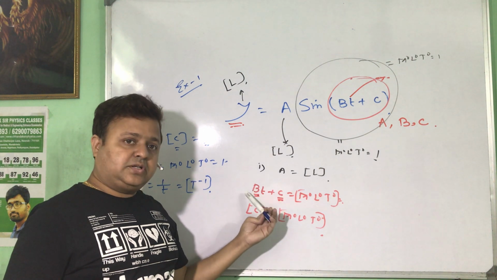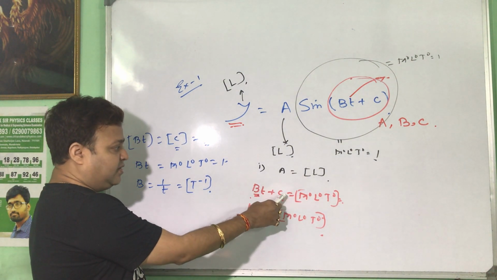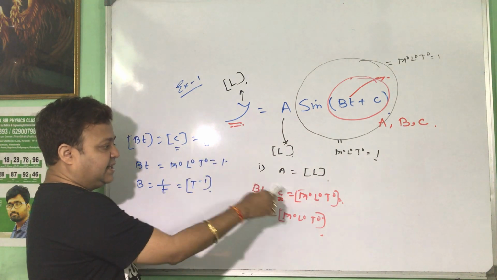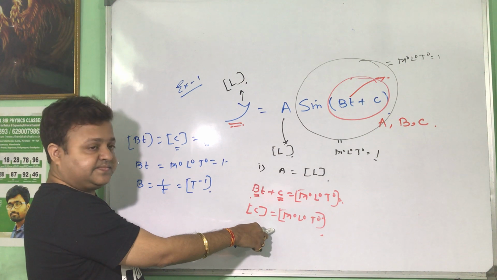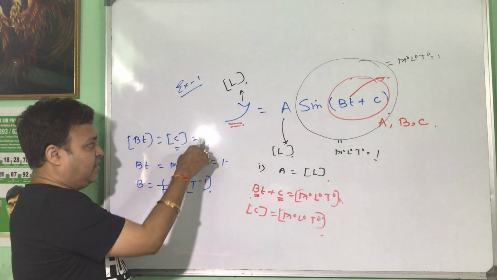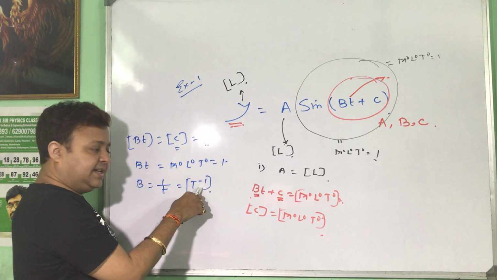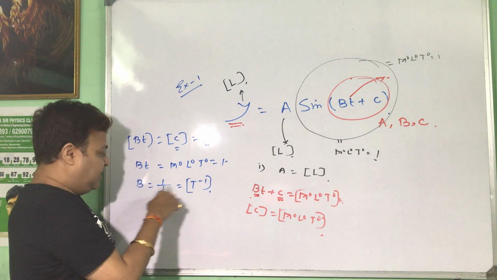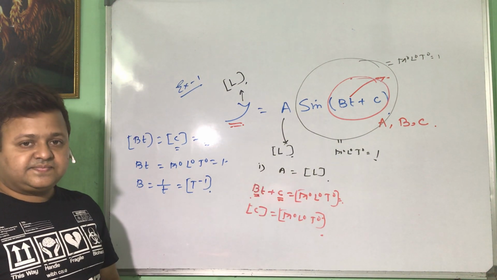We can add or subtract the same dimensional quantity. That means the dimension of BT is equal to the dimension of C, that is equal to the dimensionless quantity. That means C is the dimensionless quantity. And BT equals 1 or B equals 1 by time, that is T inverse, that is B represents the frequency and A represents the length.